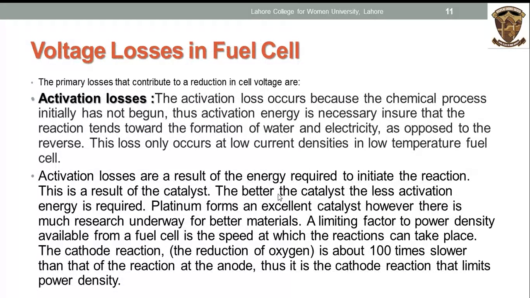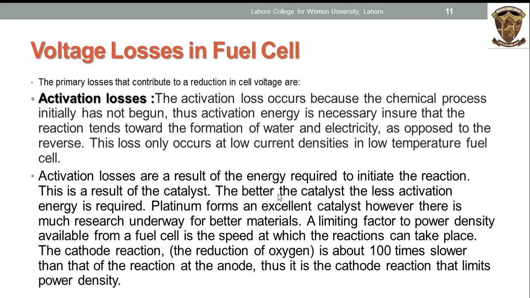So, first of all, activation losses. The activation loss occurs because the chemical process initially has not begun. Thus, activation energy is necessary to ensure that the reaction tends towards the formation of water and electricity as opposed to the reverse. This loss only occurs at low current densities in low temperature fuel cells.